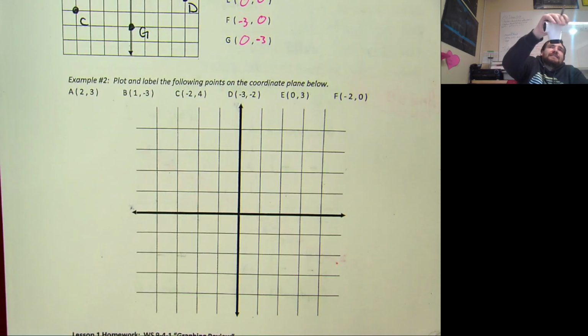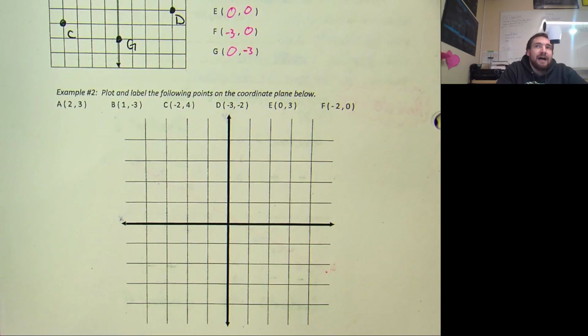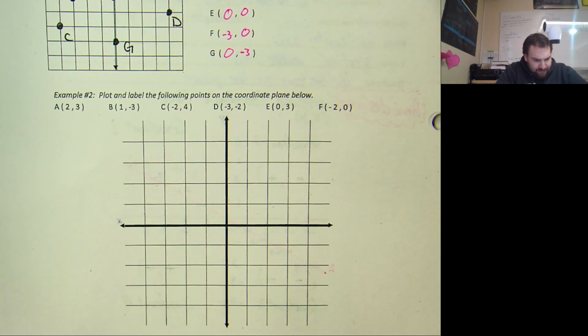Okay, so let's graph these guys down here at the bottom. Where's point A going to be? Hands up for where point A is going to be. Who wants to take a stab at it? Eminette. Yes, you. Go show us where A is.